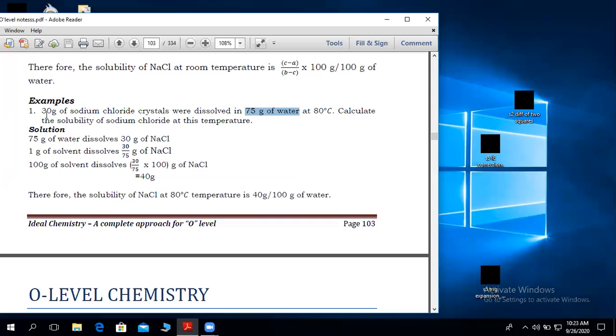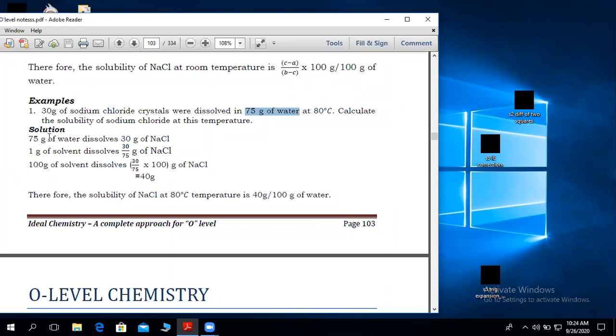But for solubility, you should use 100 grams of solvent. So if 75 grams of water dissolve 30 grams of sodium chloride, then what about 100? That is how it goes. Then what about 1 gram?